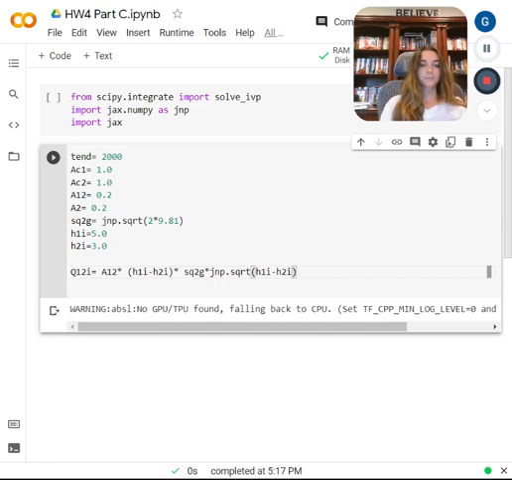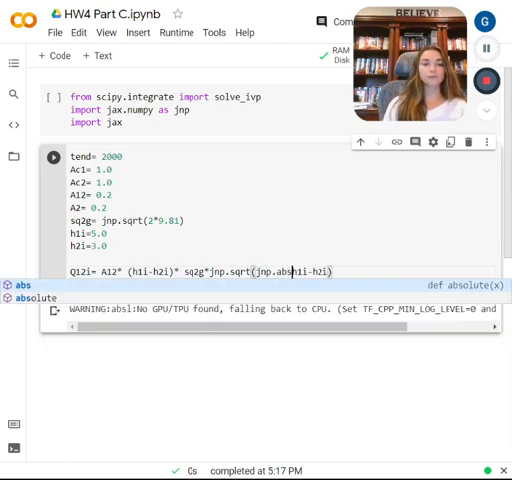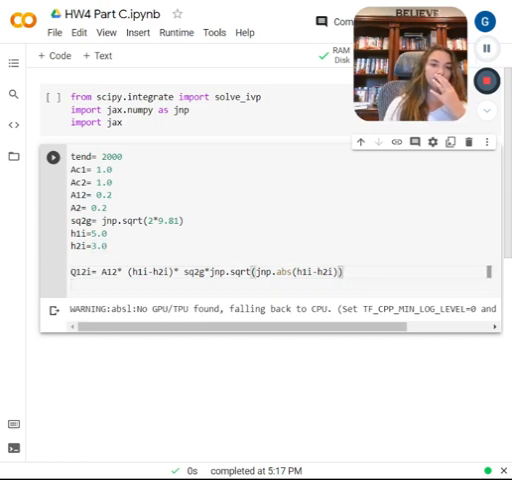Alright. And so here is where we add our absolute value, because we want to make sure that the change in our heights, if it's a negative change, needs to be positive under the square root to avoid errors. So we're going to add an absolute value here to come out with positive values only.